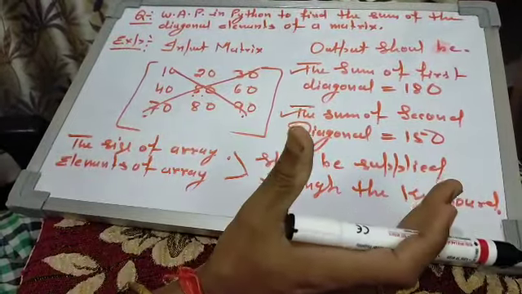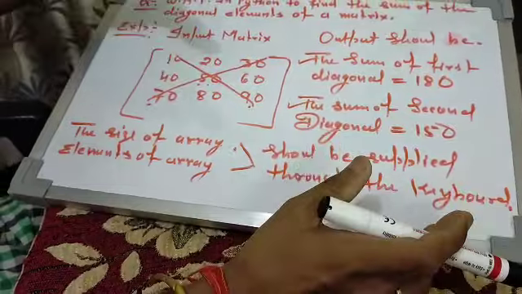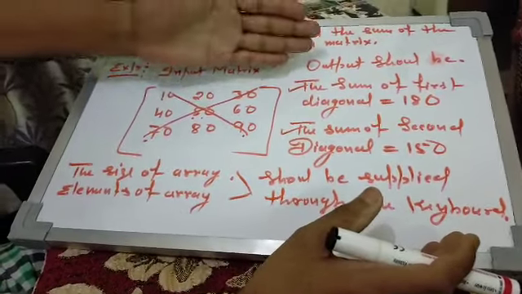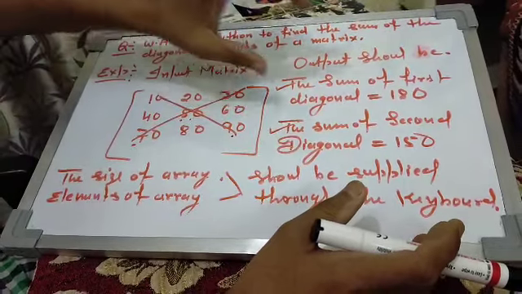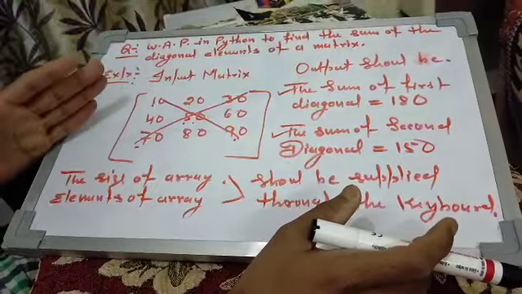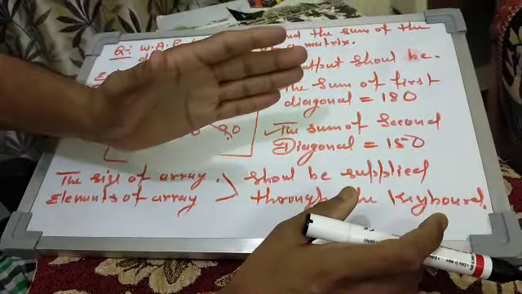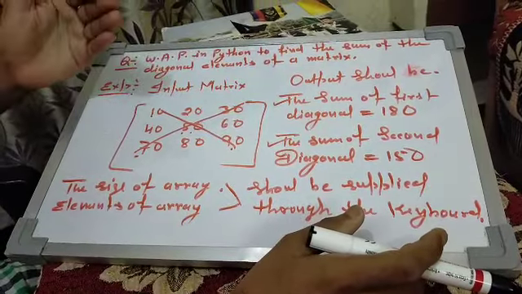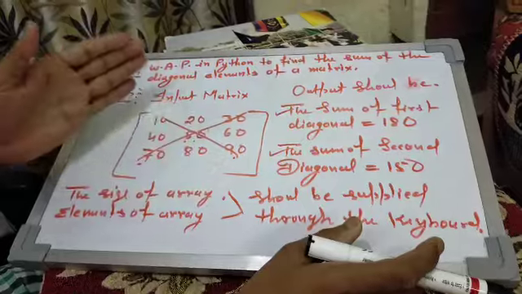Again a question can arise that you can also print the elements which exist in the diagonal of the matrix. Here the question says that you have to print the sum of the diagonal, but you can also print the elements which exist in those particular locations.